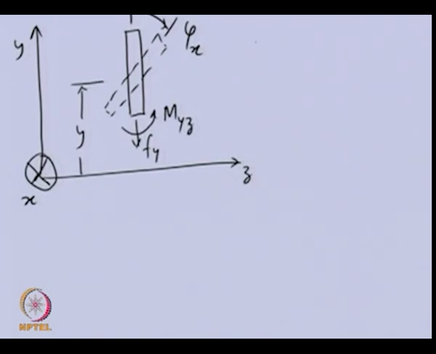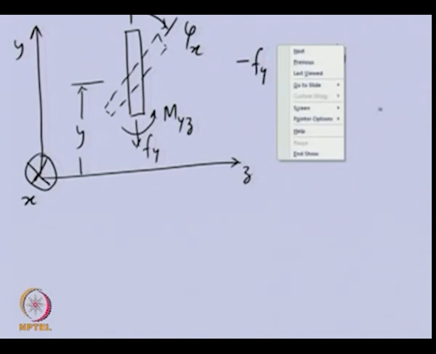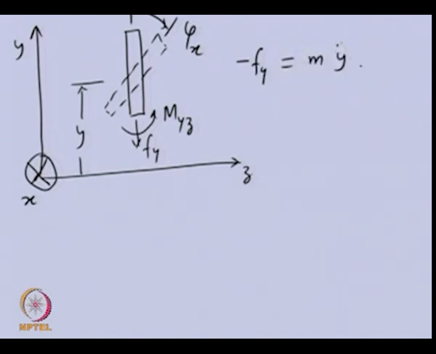Now we can write the force balance. So the external force is this one, which should be equal to the inertia of the disc in y direction. This is the inertia in y direction. And then the moment balance.